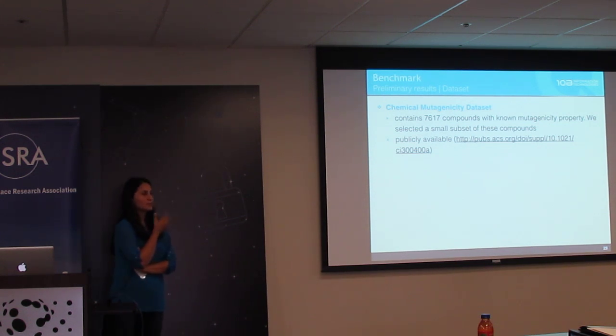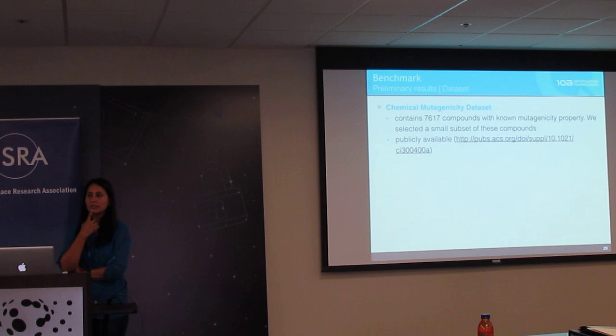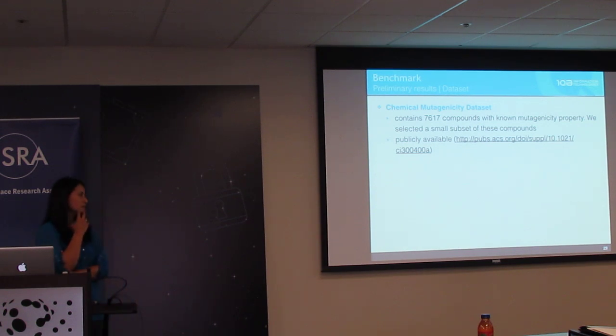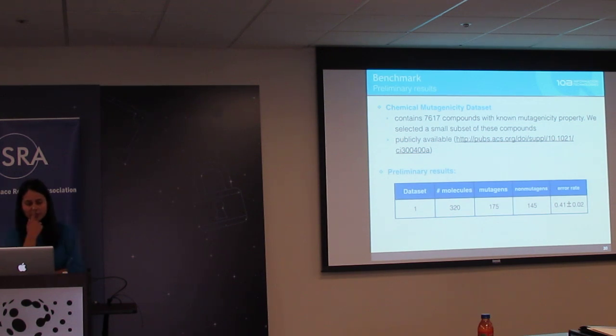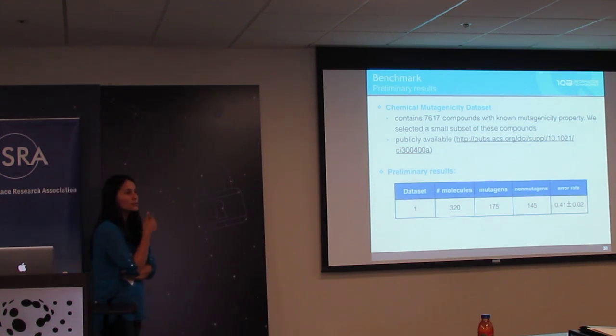That's still a very big data set for us, so we started by selecting a subset of these compounds. These results are very preliminary, we are still running some data. The first thing that we selected was just 320 molecules, just to see what happened and to prove our method.